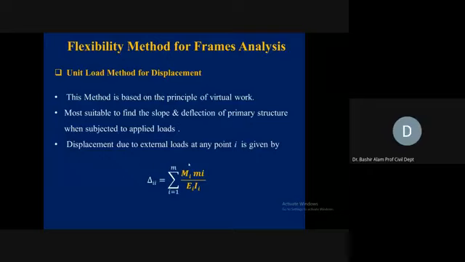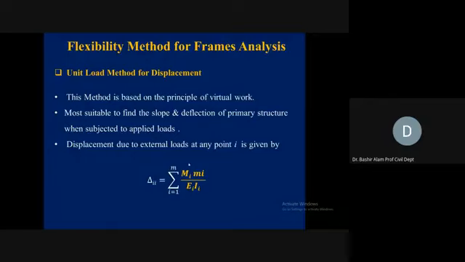What is the capital M? These are the moment equations in the release structure when it is acted upon by the actual loads. And what is the small mi? When this basic determinate structure or release structure is acted upon by the unit loads corresponding to the redundant actions turn by turn, this is that small m.